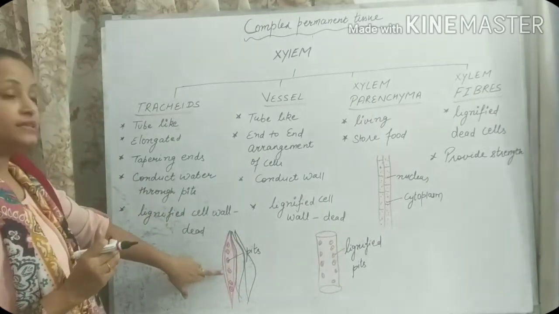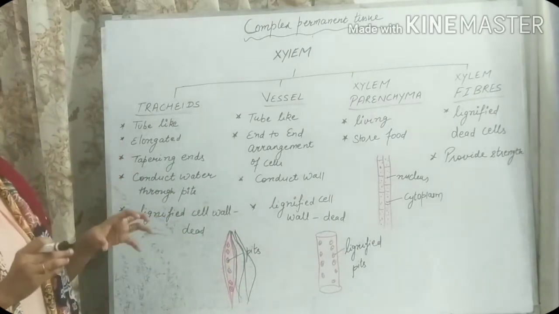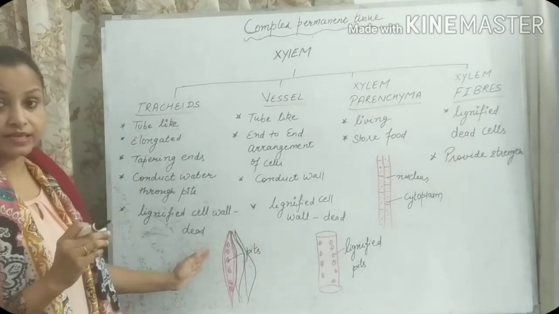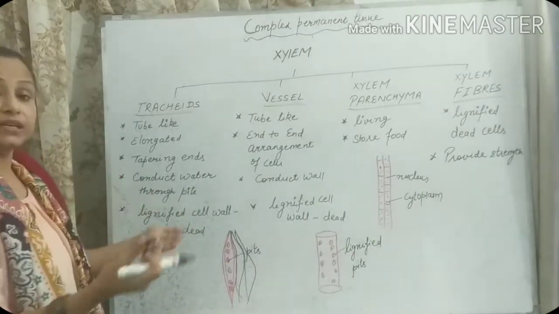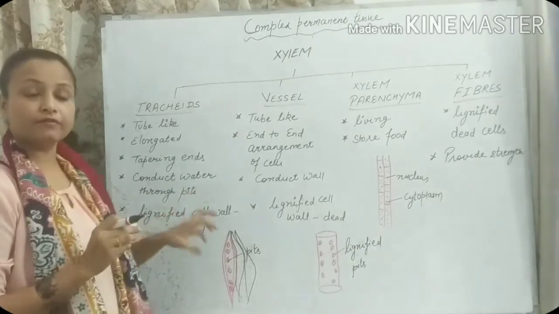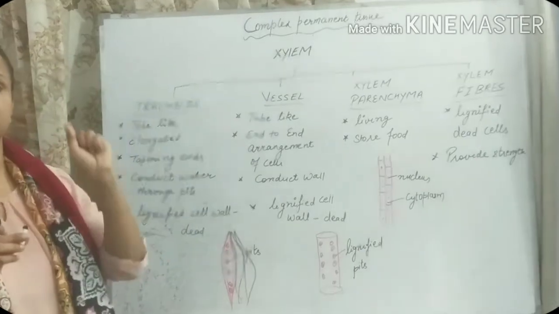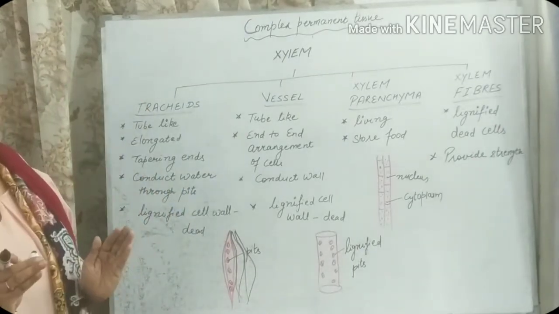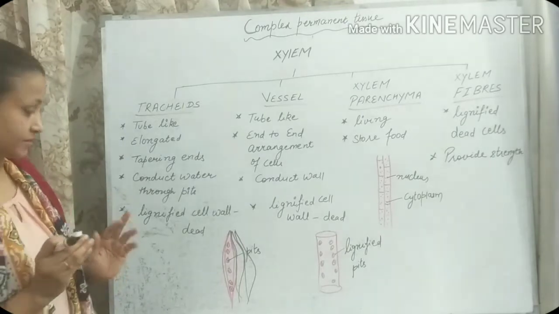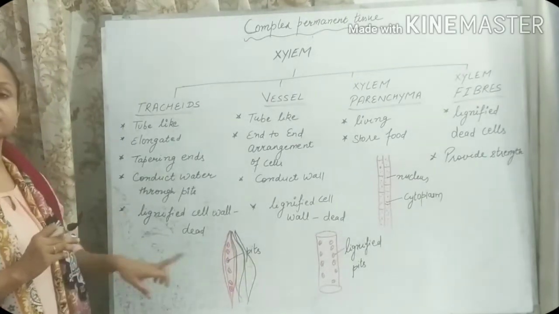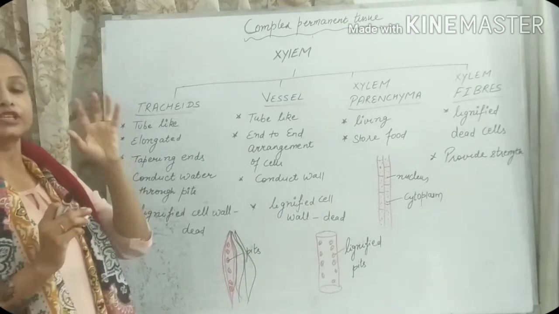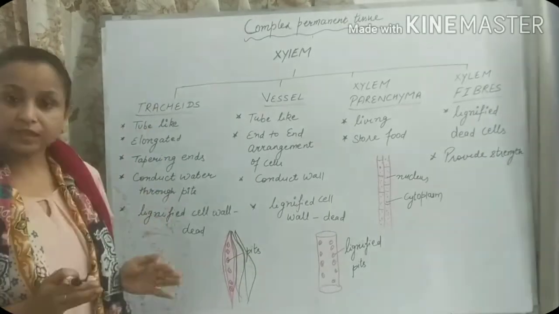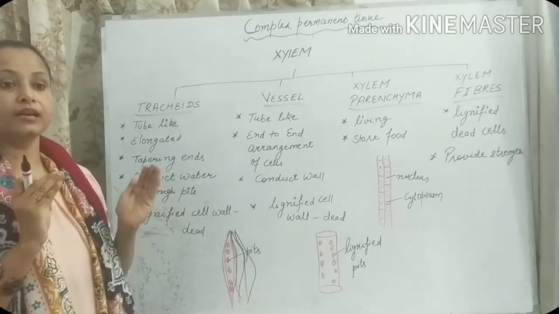So because their cell wall is lignified, they are dead cells because of the presence of lignin. And how do they conduct the water? They have small pores in the side walls. The pores are known as pits. I have written here pits. What is the meaning of pits? Pits are the small holes which are present along the side lignified walls.